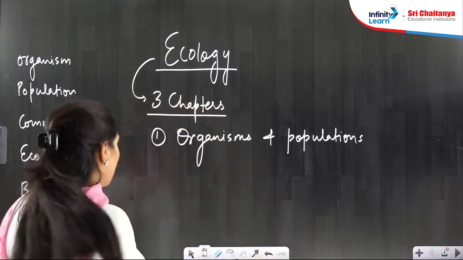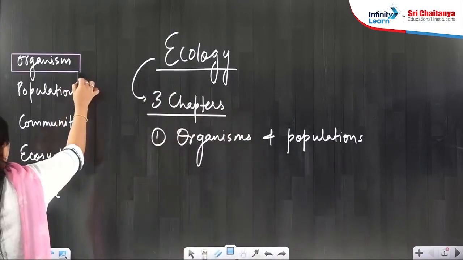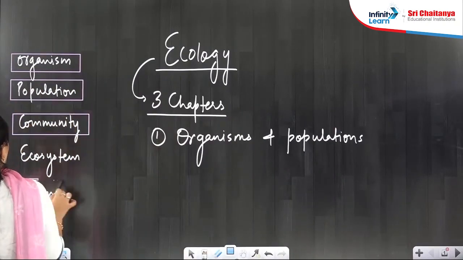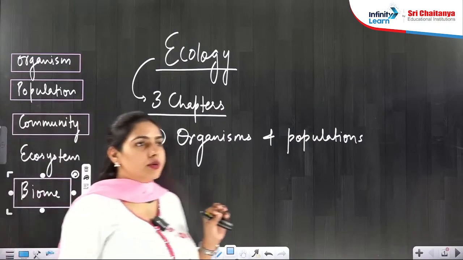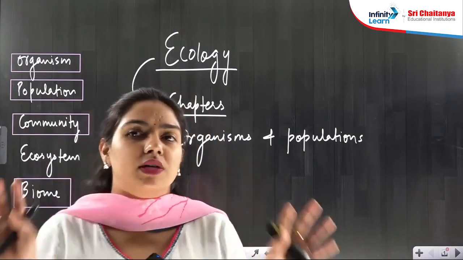The 4 levels of biological organization were organism, population, community and biome. Yes or no, everyone? Have you understood this much?